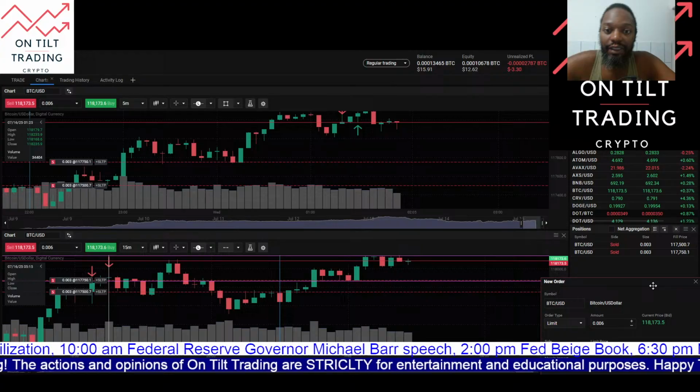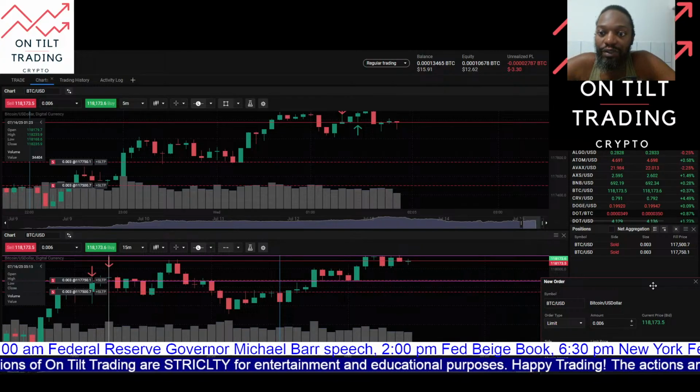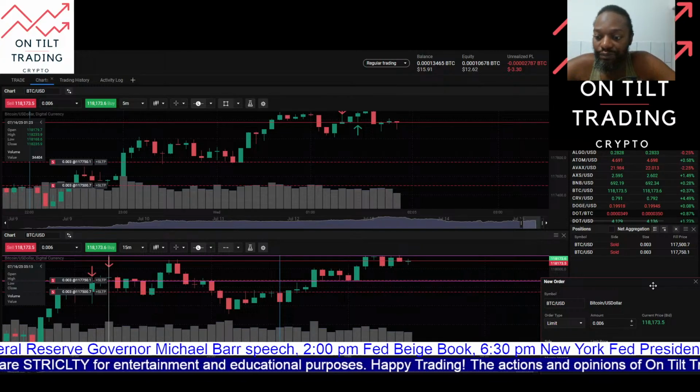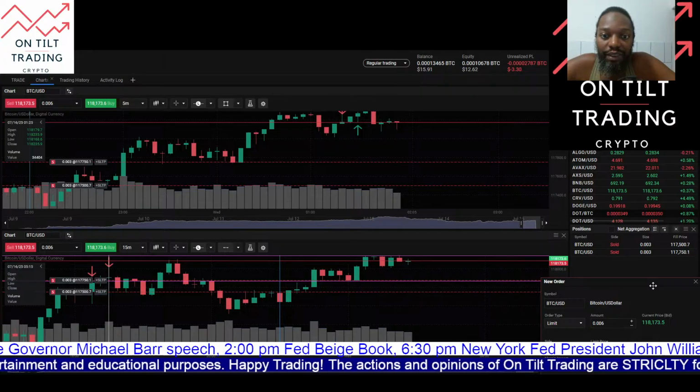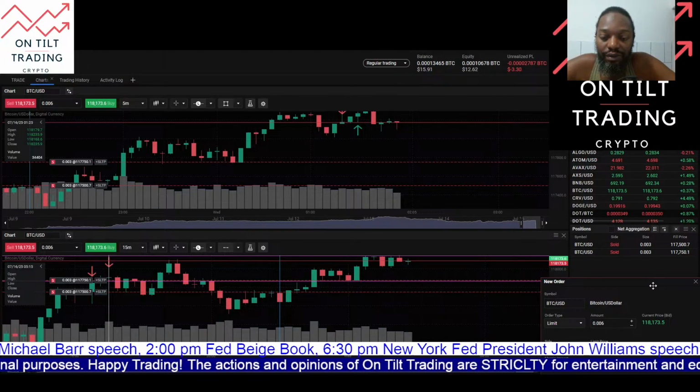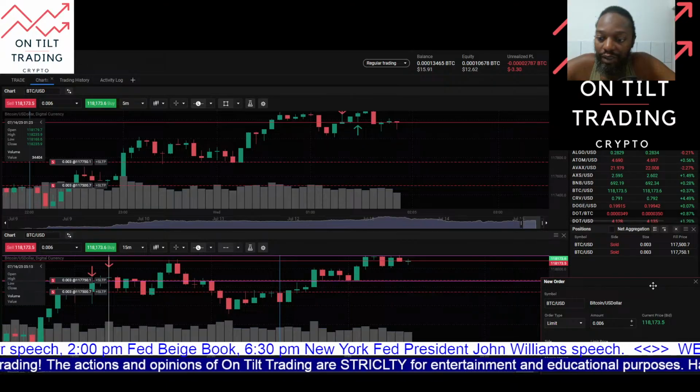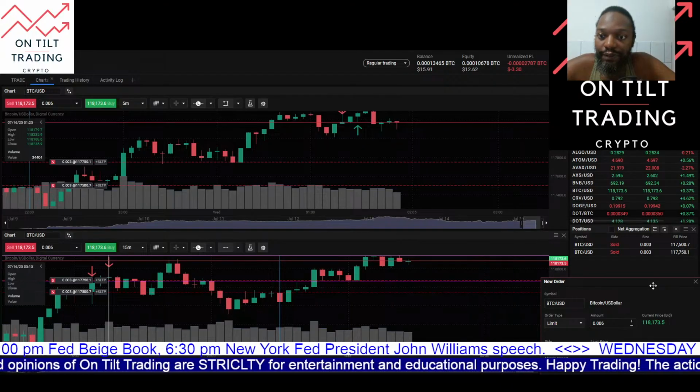Getting some buy side delivery here with speed. Price trading near the 118,180 level. Less than 1 minute remaining in the current 5-minute candle and the current 15-minute candle.